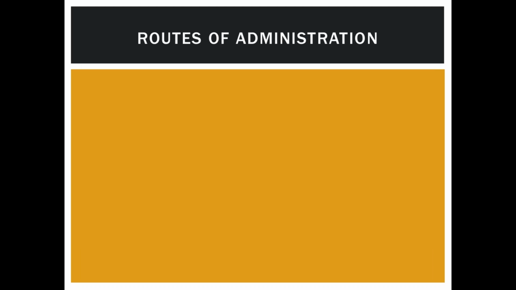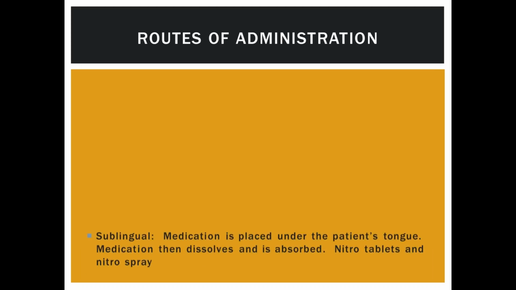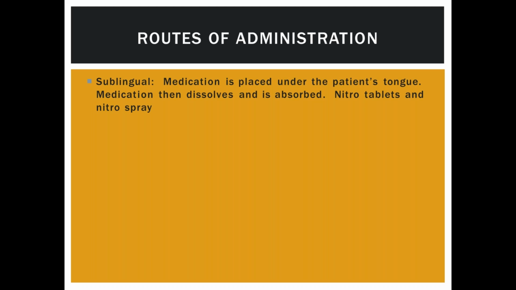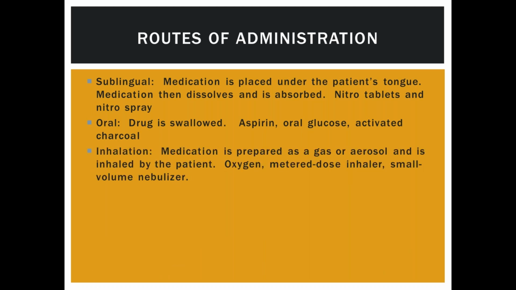So the routes of drug administration, we're going to touch on all of them, not just the ones that we can administer. So sublingual refers to medication that is placed under the patient's tongue and then is absorbed. So our nitro tablets and our nitro spray, those are going to be the medications that are administered sublingually. When we have oral routes, that drug is swallowed, and our medications that are swallowed are aspirin, glucose, activated charcoal.